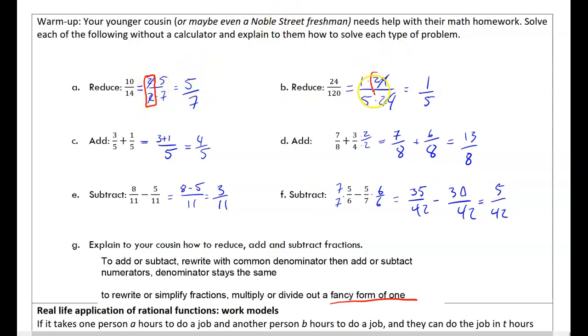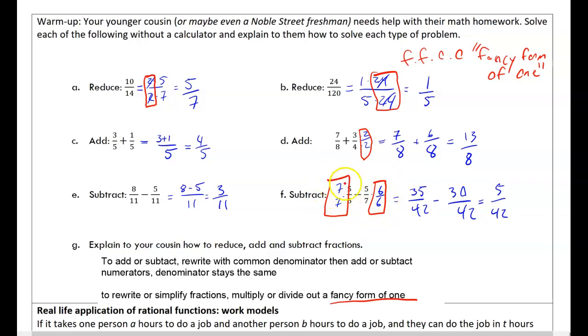The reason why we cancel out 24 over 24 is it's really 1. The reason why we're even allowed to multiply by this 2 over 2 to rewrite our 3/4 is because it's a fancy form of 1. I had a math teacher that called these fafus, which means a fancy form of 1. And it makes sense to give them kind of this silly, memorable name because it's actually really important, right? This is how we work with fractions.